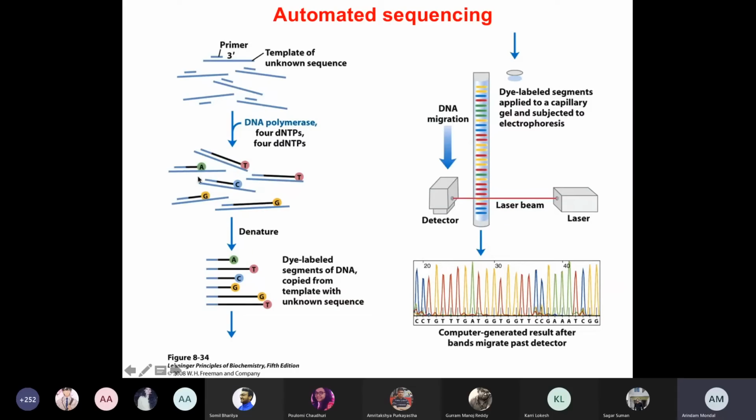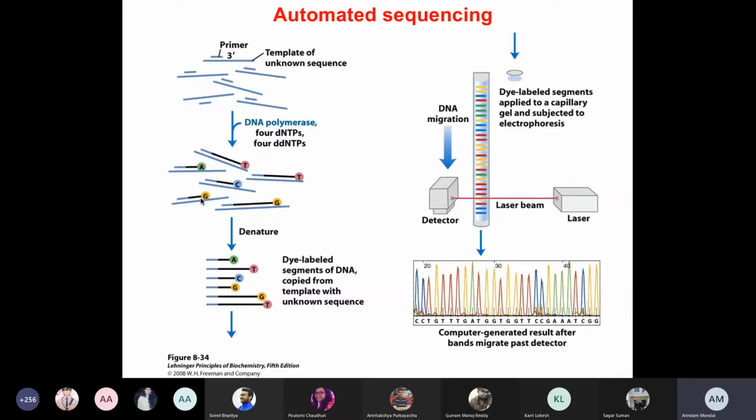Now A's are labeled with a different fluorophore, say for example a green fluorophore that could be detected in the green channel. T's are labeled with a fluorophore that could be detected in a red channel. C's are labeled with a fluorophore which could be detected in a blue channel, and G's are labeled with a fluorophore which could be detected on a yellow channel.